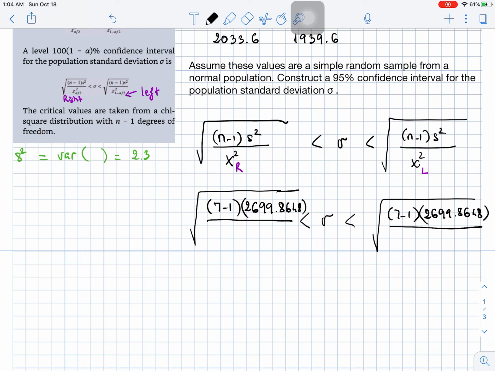This number is already squared, so you do not need to square it anymore, okay? So that is the s squared.